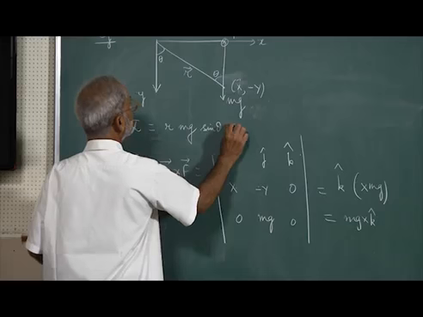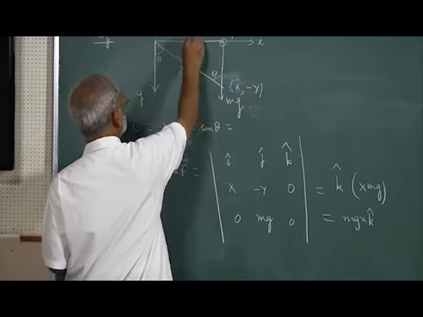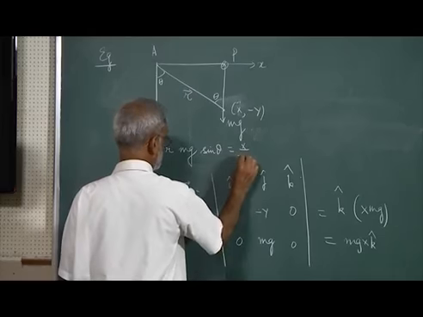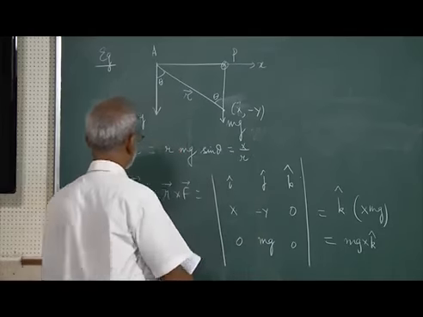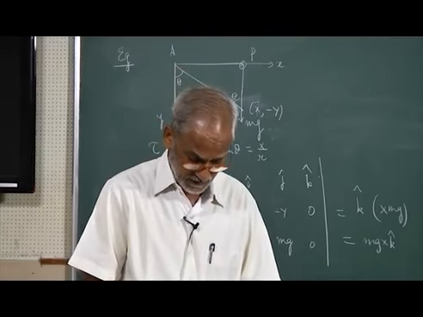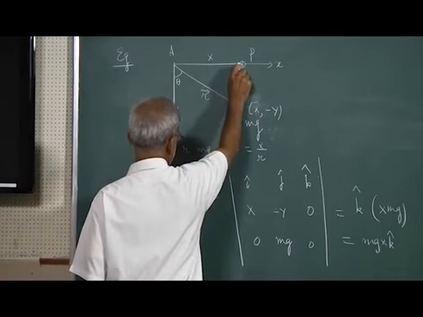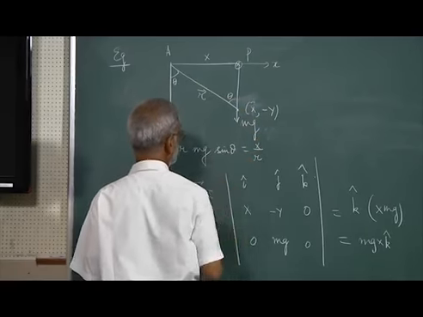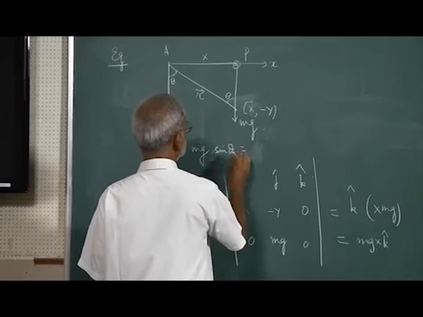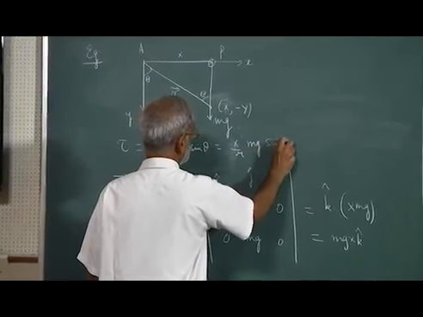What is sin theta, sir? This is theta here, sin theta is opposite over adjacent, that is, x by r. So sin theta is x by r, into mg into sin theta.